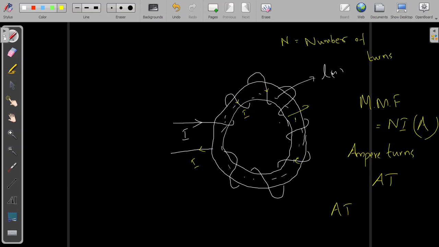It does not depend upon the type of magnetic material. It depends only on the number of turns and the current I carried by this winding. So that is what we mean by magnetomotive force.